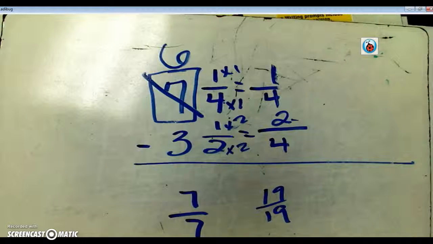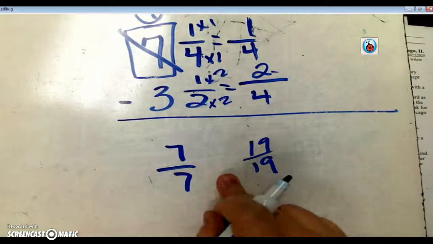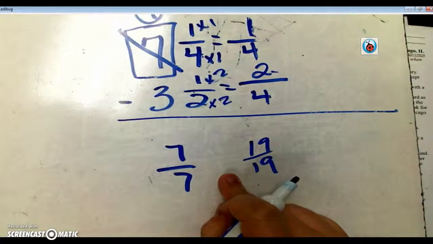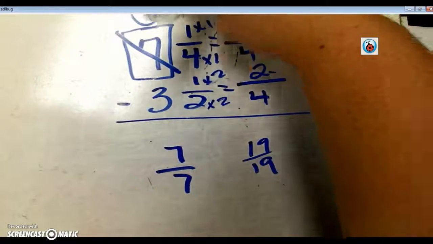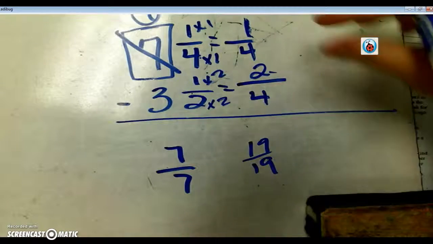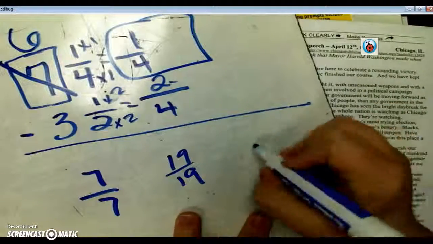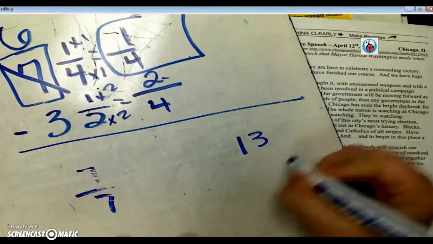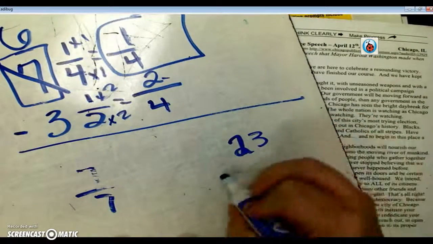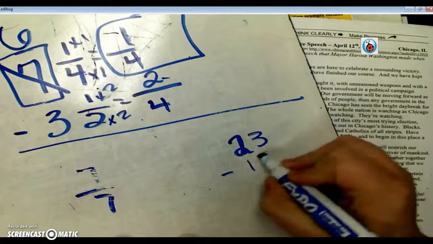Okay, but I'm going to use this technique where I can write a number over itself because that's going to be equal to the number that I'm borrowing here. Okay? And I have to add it to this part here. Just like if I had 23 minus 17.